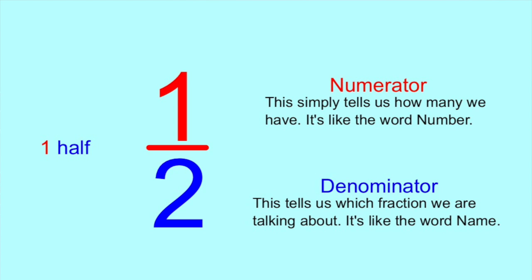and that's because that's what it is. It's naming the fraction. It's telling us which particular fraction we are using. So in this case, the 2 tells us the fraction we're interested in is half. So we have 1 for the numerator, and we have 2 for the denominator, which is half, so we have 1/2.